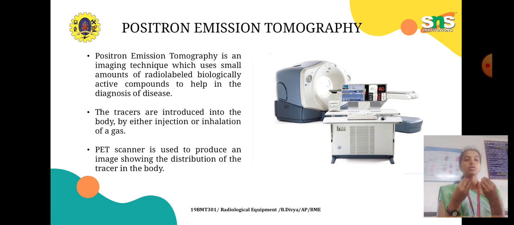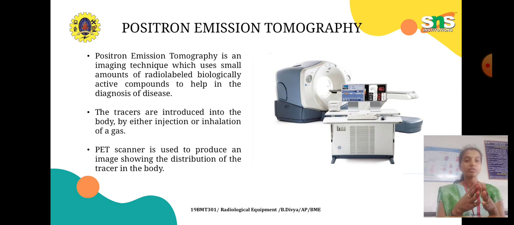With the help of the doctor, we are going to identify what has happened in the body by using the positron emission tomography machine. The PET scanner is used to produce an image showing the distribution of traces in the body.